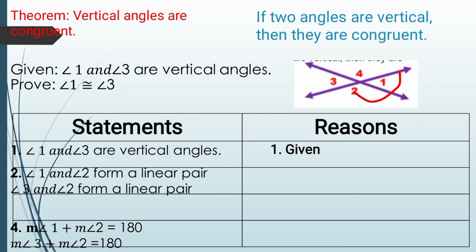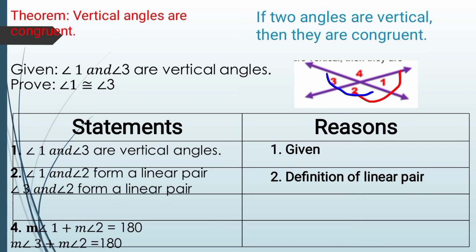And angle 3 and angle 2 can also form a linear pair. Therefore, the reason for statement number 2 must be the definition of linear pair.